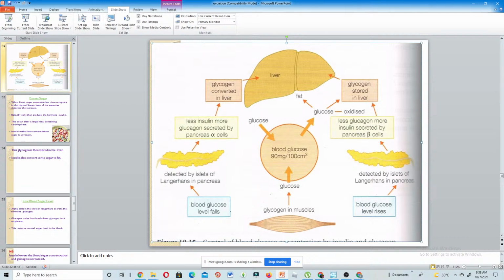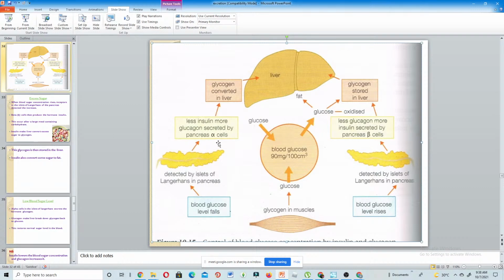Now, once the islet of Langerhans realizes that there is a decrease in your blood glucose level, there is a cell called the A cell. Right, so it's a different type of cell now. The B cell is known as the beta cell. That's the one that detects when there is an increase.